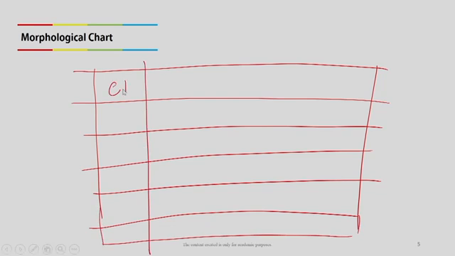Next is the morphological chart. Morphological charts are used when you are clear about the components of the product. For example, in a product you have 6 components. So, component 1, component 2, component 3, component 4, component 5 and component 6.